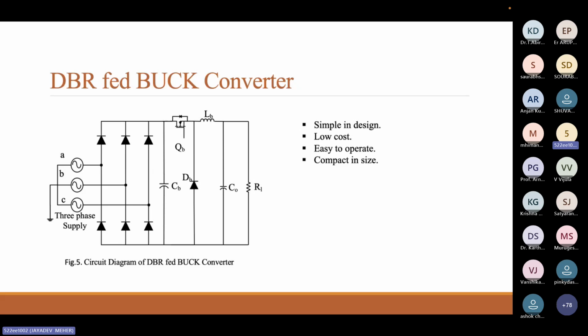Coming to the diode bridge rectifier fed buck converter, the pico-hydro generator that we are integrating is generating three phase power at 415 volt line voltage, which is then rectified through the three-phase diode bridge rectifier. That rectified voltage is then stepped down to a DC link voltage through this buck converter.